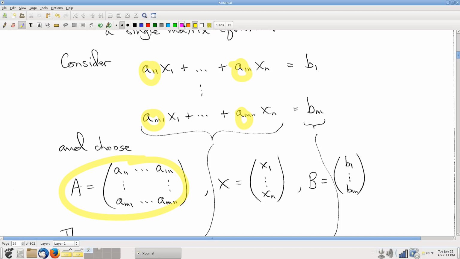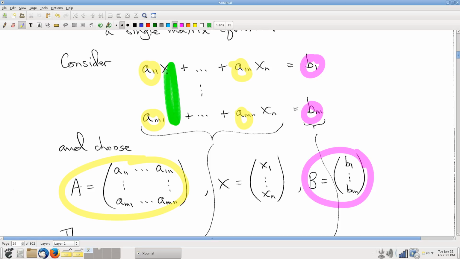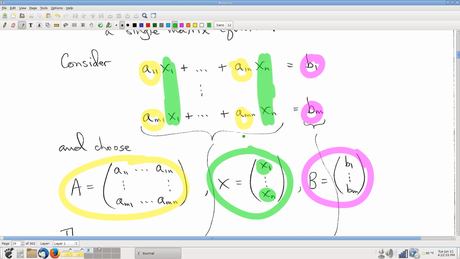We're going to take just the numbers on the right-hand side and make a column vector out of them. And then these numbers that I'm looking for, x1, x2, etc., xn, I'm going to make a vector out of them.